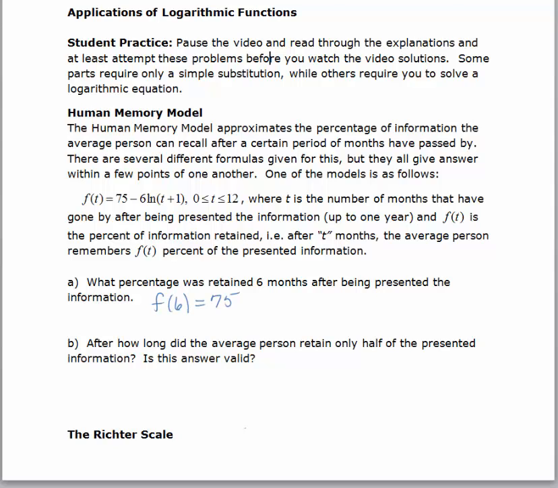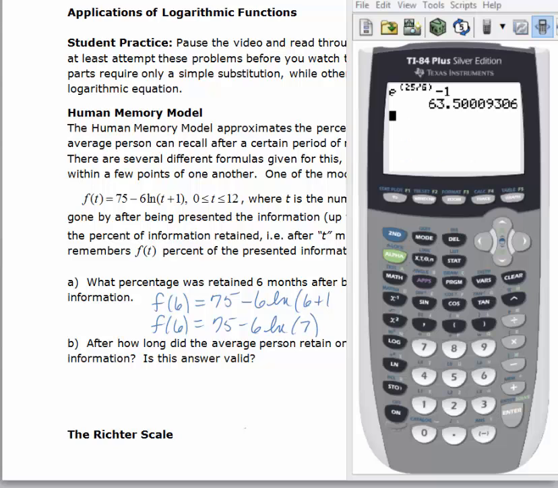We'll just substitute 6 in wherever we see a t, so in your calculator, f of 6 would equal 75 minus 6 times the natural log of 6 plus 1, or 7. So let's evaluate this. We can have 75 minus 6 times the natural log of 7, right, which is 63.3.